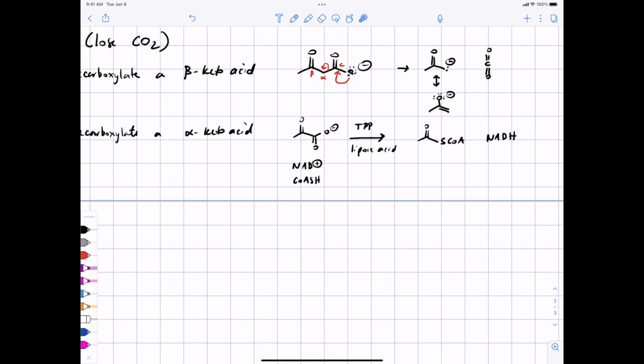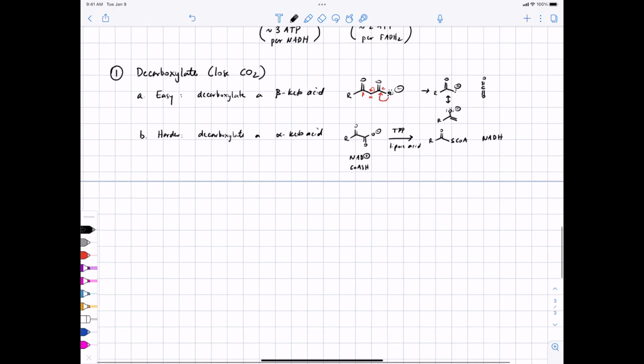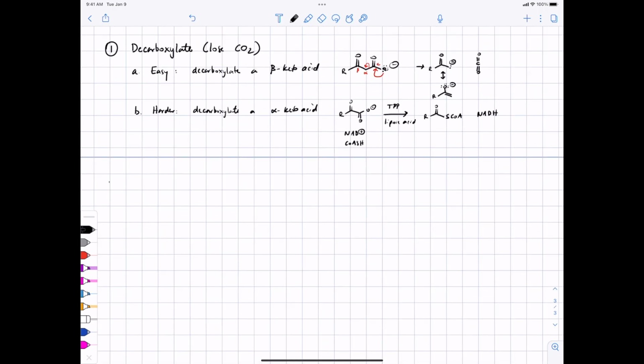Okay, so those are our 2 strategies. We can put R groups in certain places so we're not just stuck with pyruvate. But those are the 2 strategies you've seen so far for decarboxylating. And those are going to be the strategies we use in the citric acid cycle. So your goal as we go along, we want to manipulate the functional groups to get either a beta keto acid or an alpha keto acid. And then that's it.